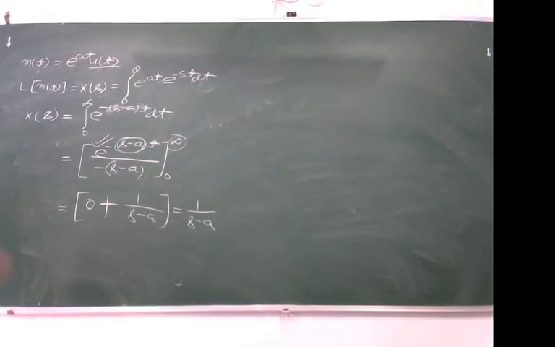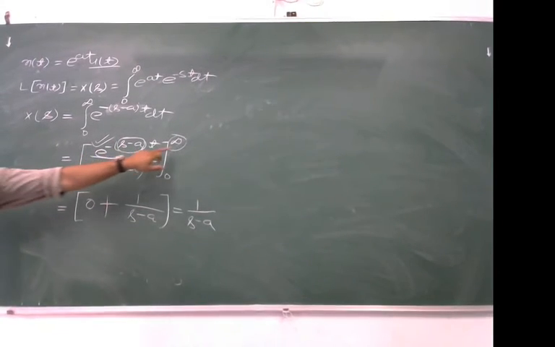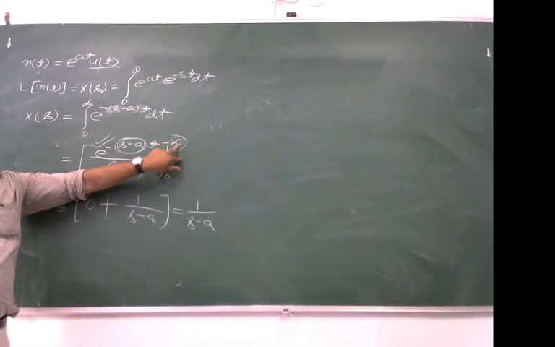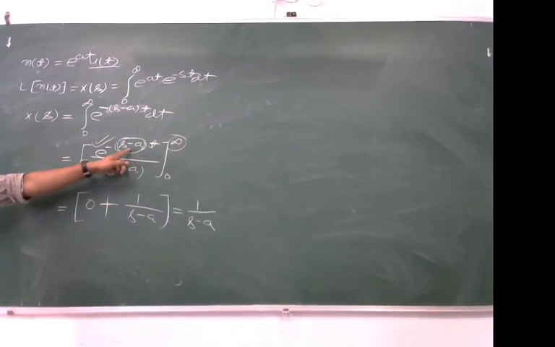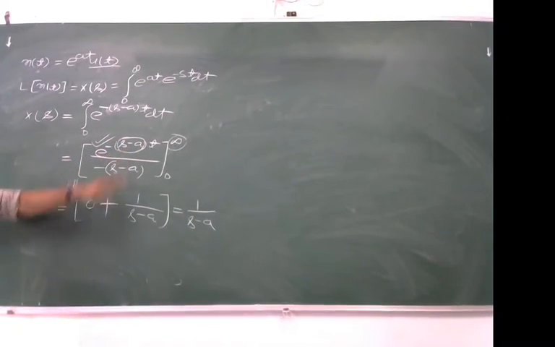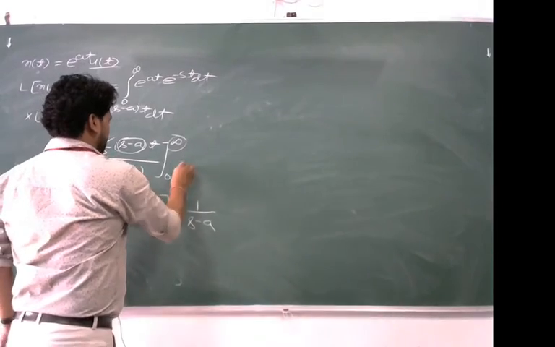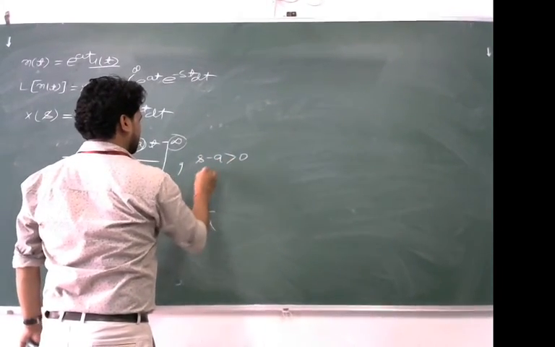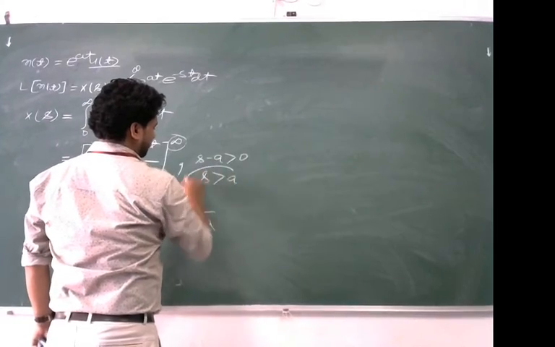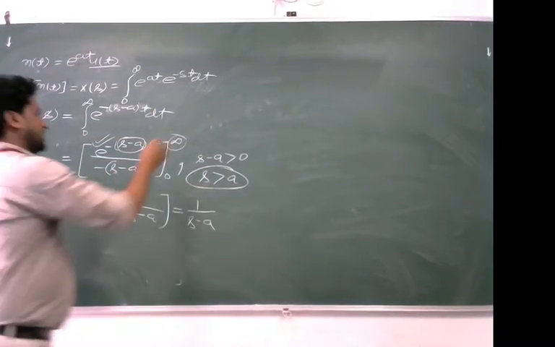If s minus a becomes negative, then this becomes e^(plus infinity) when I put t equal to infinity. So s minus a should always be greater than 0 for the convergence of this integration, or we can say that s should be greater than a. This is the reason of convergence of this given function.